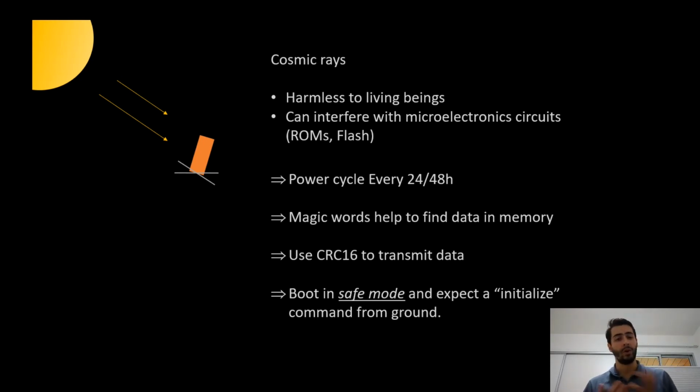It's also interesting to keep, on the non-volatile memory, on the flash memory, or in a separate memory from the onboard computer, a table of whether the devices are working properly or not. And you can send that information back to the ground station as part of the telemetry data.